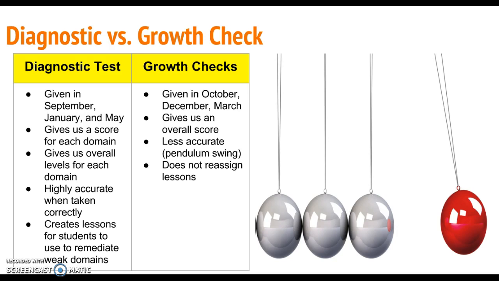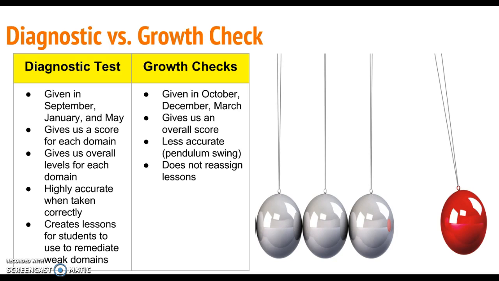I think of it like a pendulum swing, meaning is your score swinging in the right direction? Are you getting better? If we see that you're getting better, it means what we're doing is working. If we see that you're not getting better, then that lets us know that we might need to intervene with some remediation or some extra help in class, or look at how you're doing on your iReady lessons.